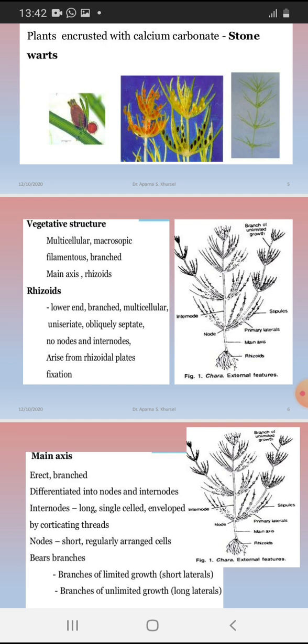Rhizoids perform the function of fixation of the plant with the substratum. That means they hold the whole plant and supply the nutrition.